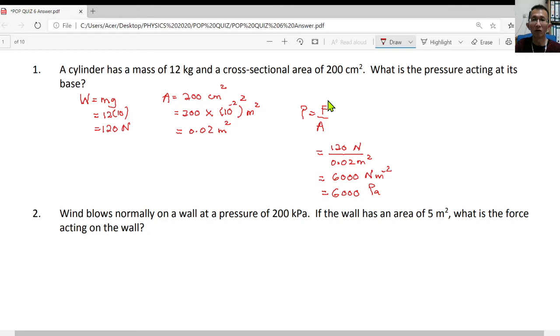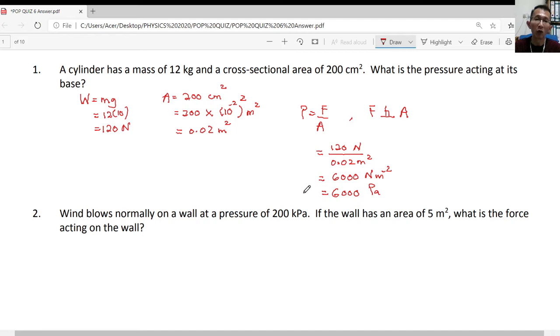Remember that our force and area must be perpendicular. So if the force is slanted, it's not perpendicular to the area, so you need to find the perpendicular force with respect to the area in contact.